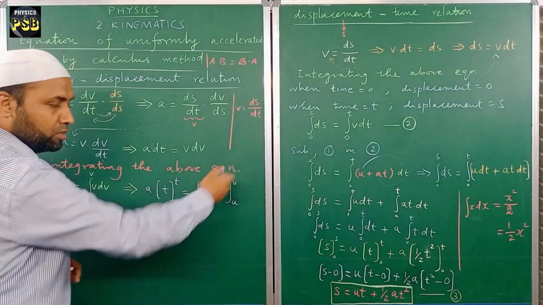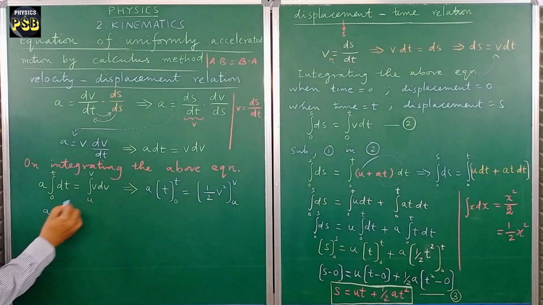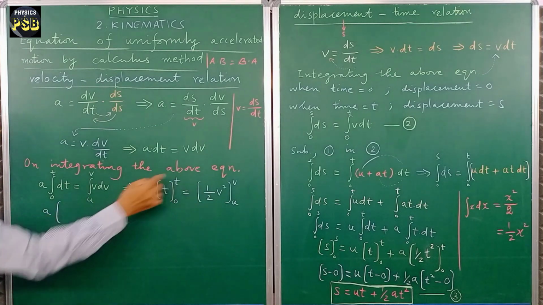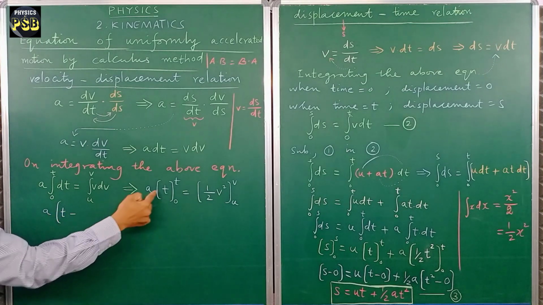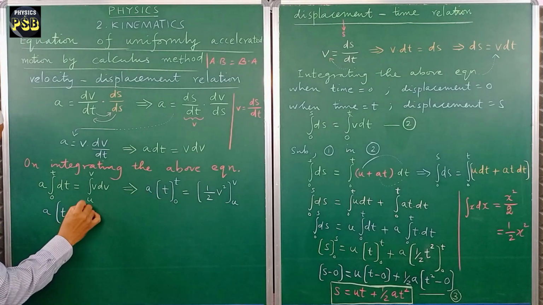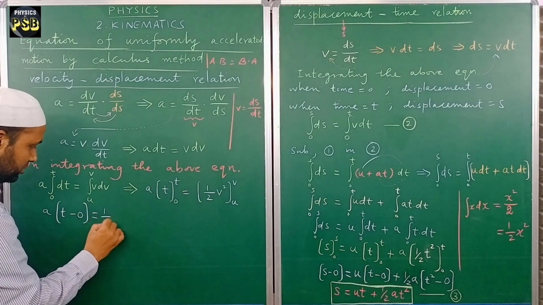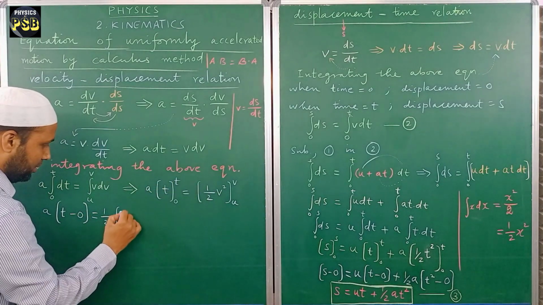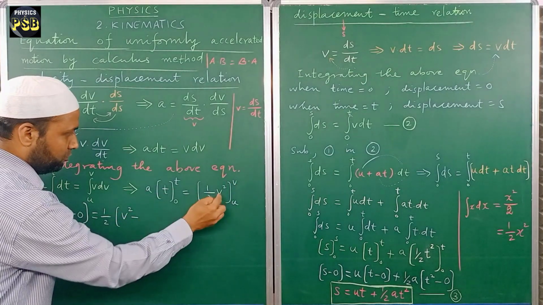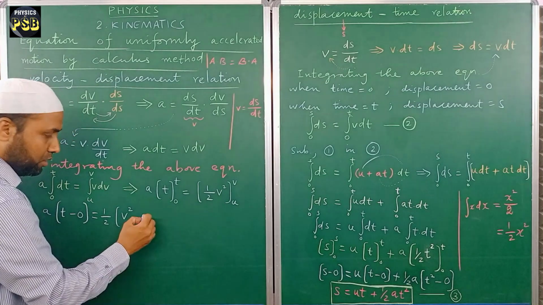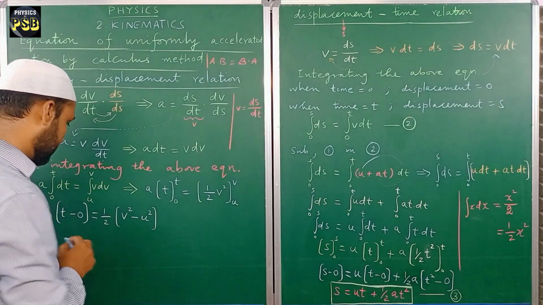Now I am going to substitute the limits. Here a, in the place of t I will put the value of the upper limit, that's t, minus, in the place of t I will put the lower limit value. And here half is taken out. In place of v square I use the upper limit value, then minus, in the place of v I write the lower limit value, that is u. Fine, this is what I get.